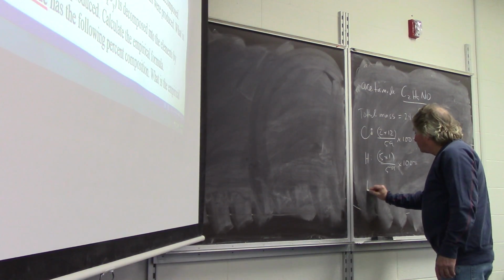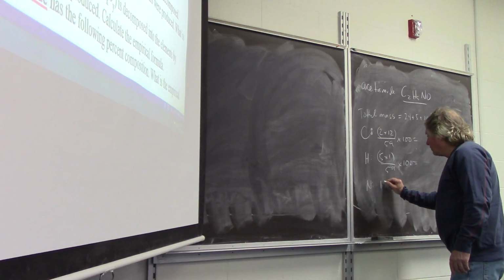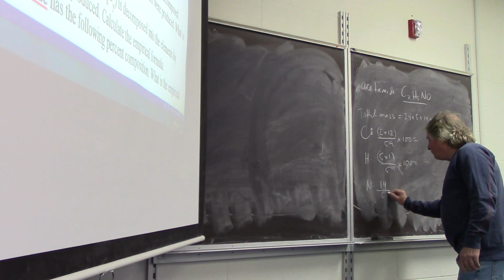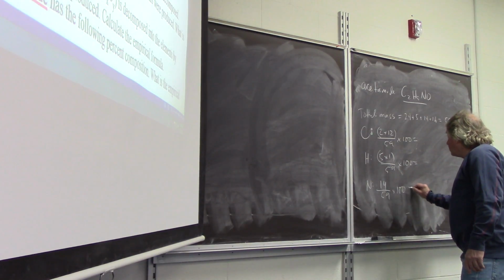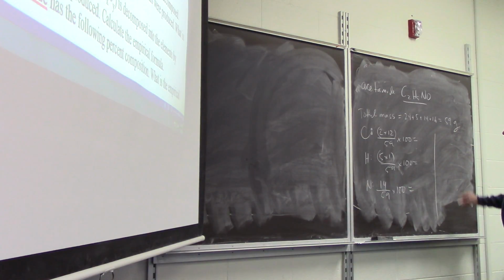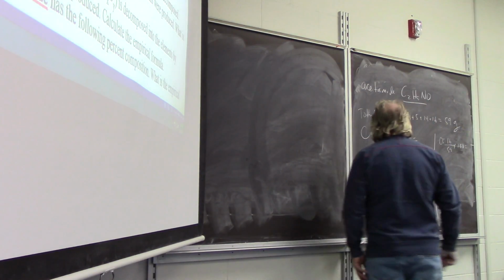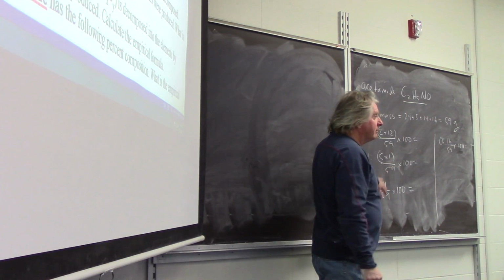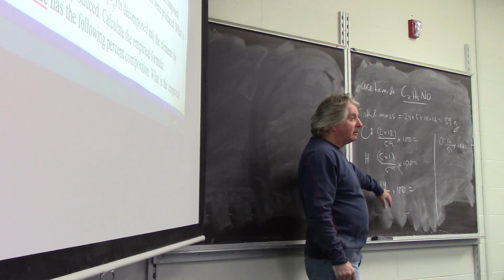The amount of nitrogen is going to be 1 times 14 divided by 59 times 100. And the amount of oxygen is going to be 16 times 1 all over 59 times 100. Hopefully you see what I've done here.